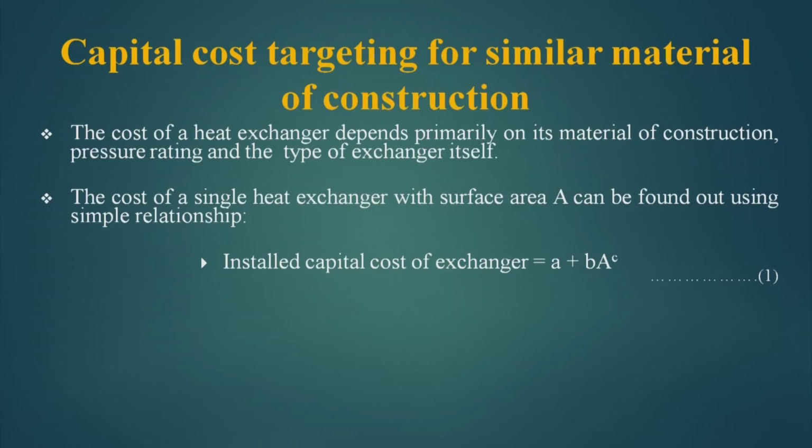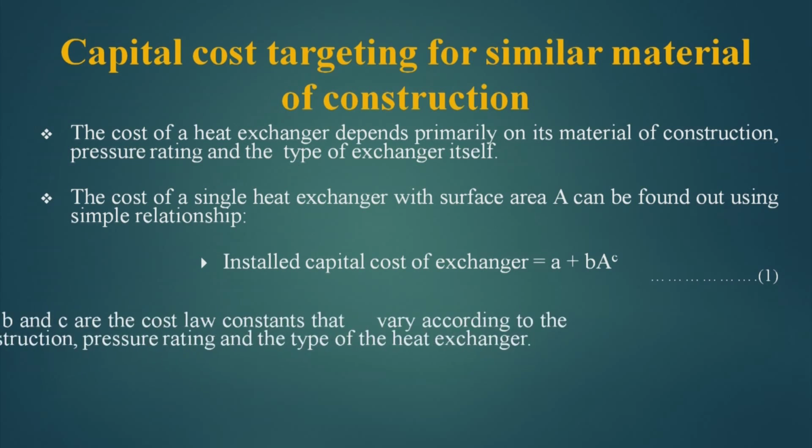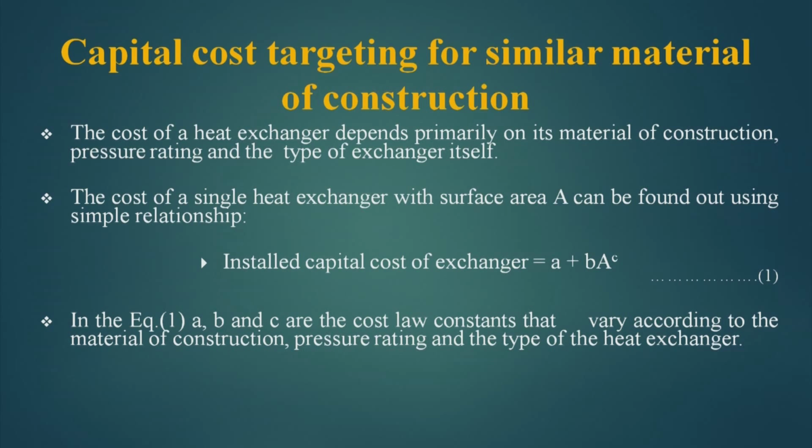Installed cost of the heat exchanger is equal to a plus b A to the power c, where A is the area of the heat exchanger. In the above equation, a, b and c are the cost law constants that vary according to the material of construction, pressure rating and type of heat exchanger.